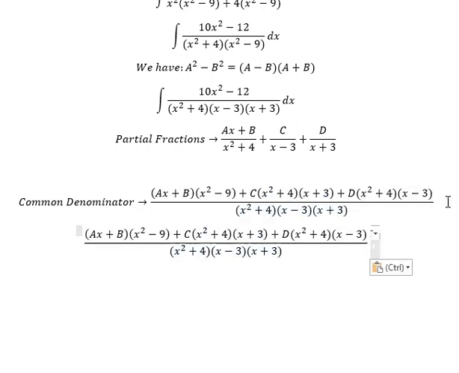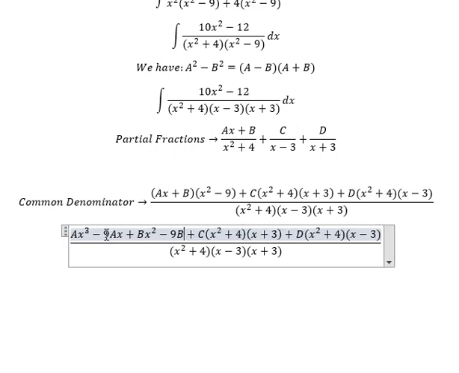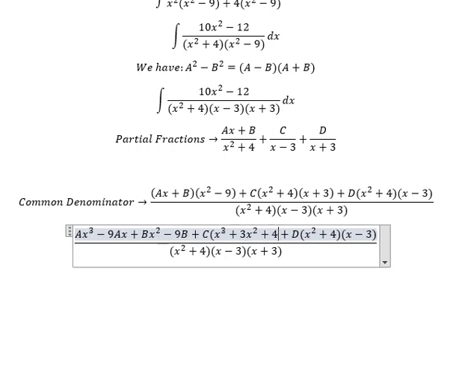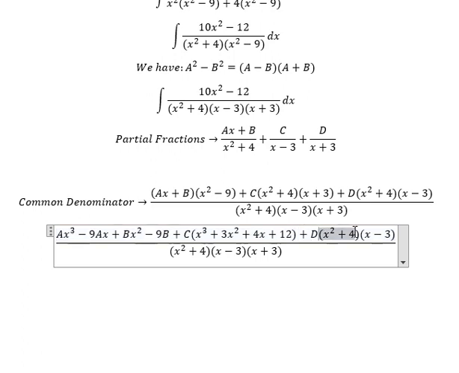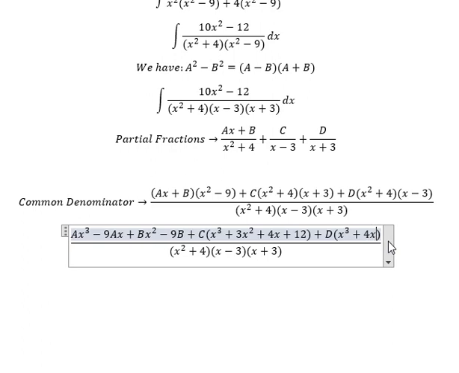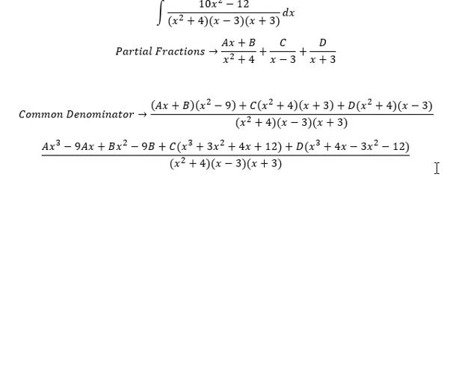Next, we need to expand. Now we need to arrange based on the terms of x.